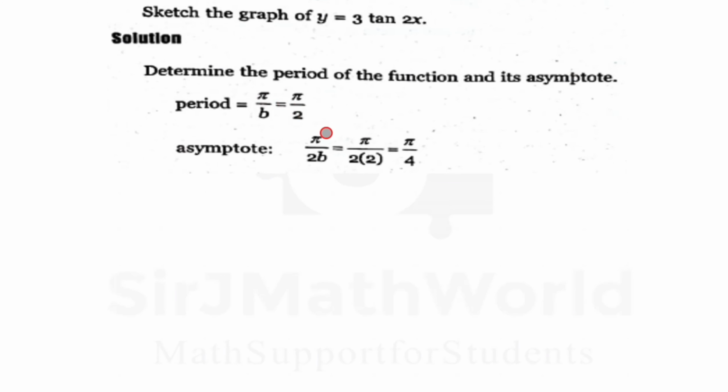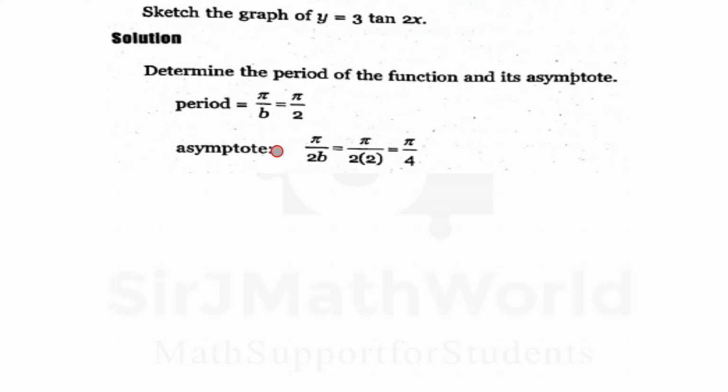Here, the period has the formula pi over b. Our given 3 is considered as a, and tan 2x, the 2 is still the b. That's why we have pi over b equal to pi over 2, because the 2 comes from here.